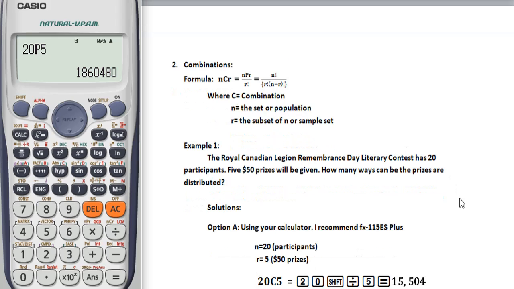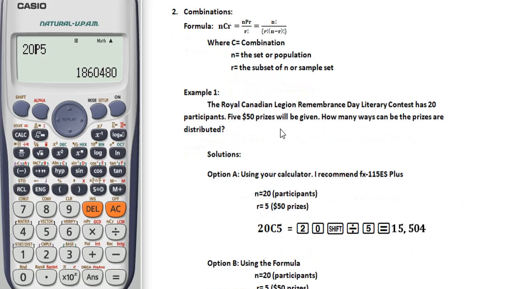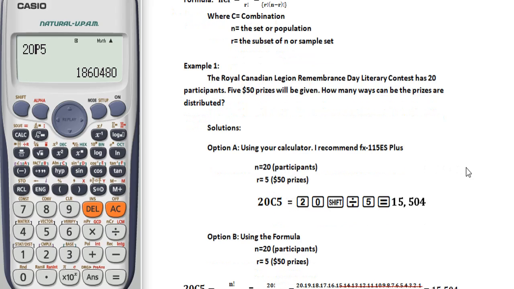So for our example, the Royal Canadian Legion Remembrance Day Literary Contest has 20 participants. Five $50 prizes will be given. How many ways can the prizes be distributed?